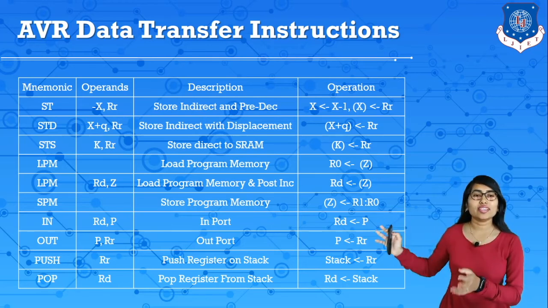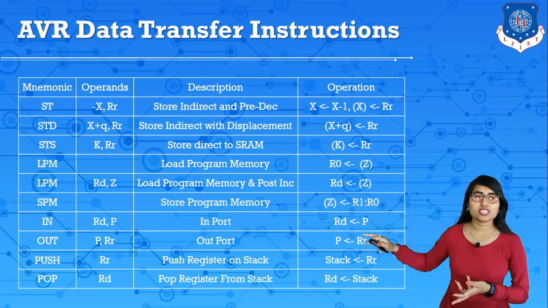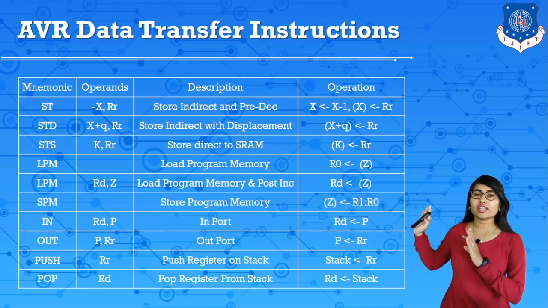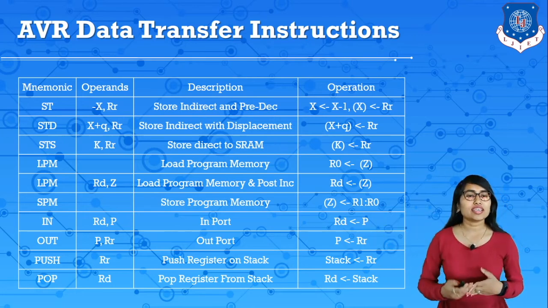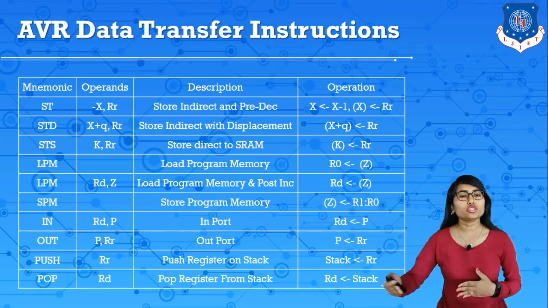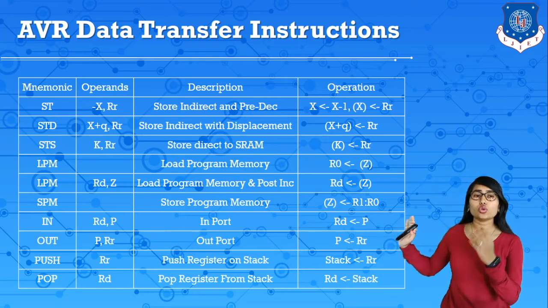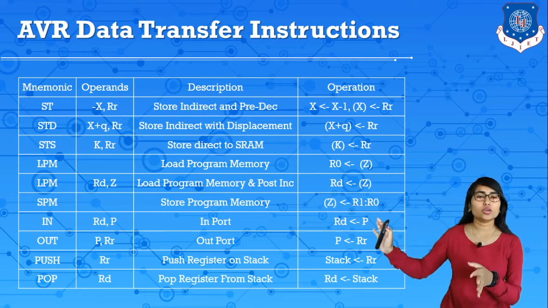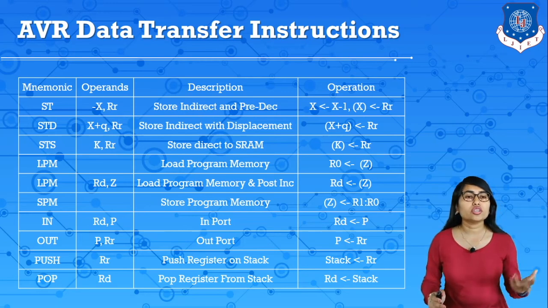So whatever the content at that port can be transferred into the register by using the IN instruction. If we want to transfer data to output, there is the instruction OUT P, RR. So whatever the data of the register is, it is output to port P, which is either A, B, C, D depending on which port we are going to use.